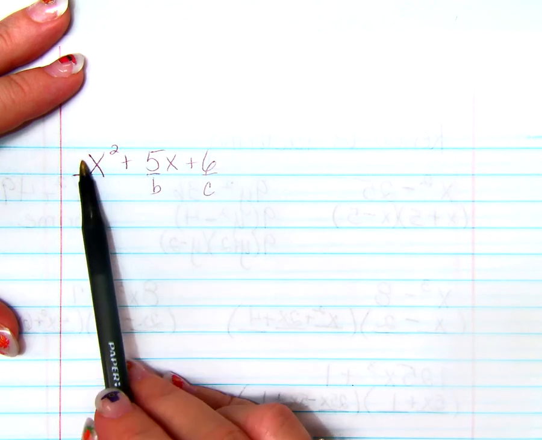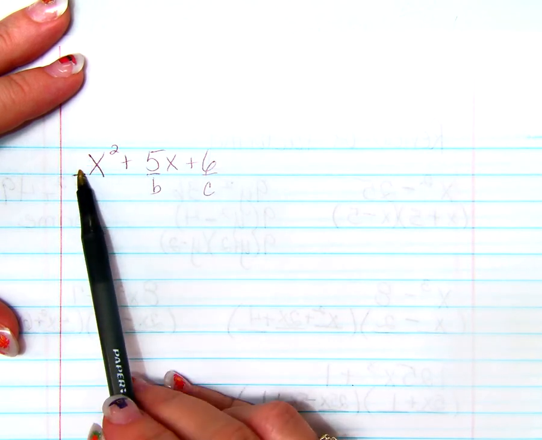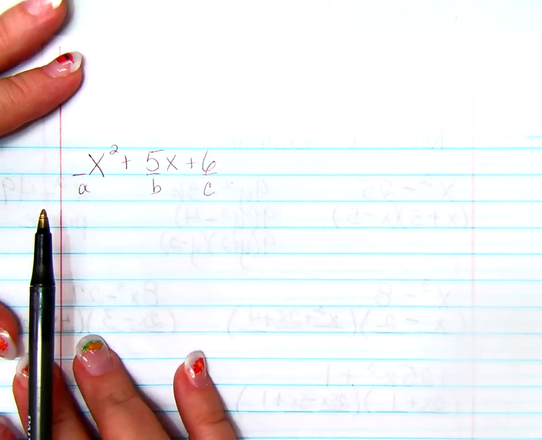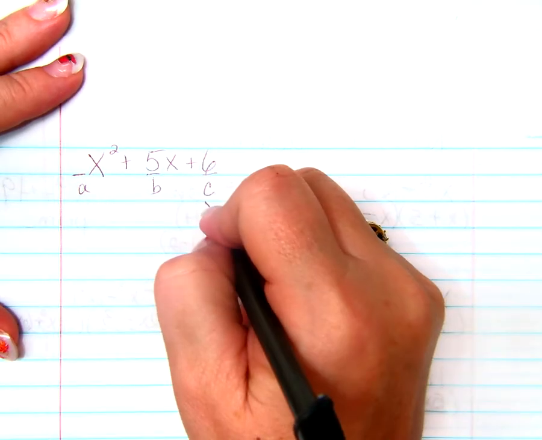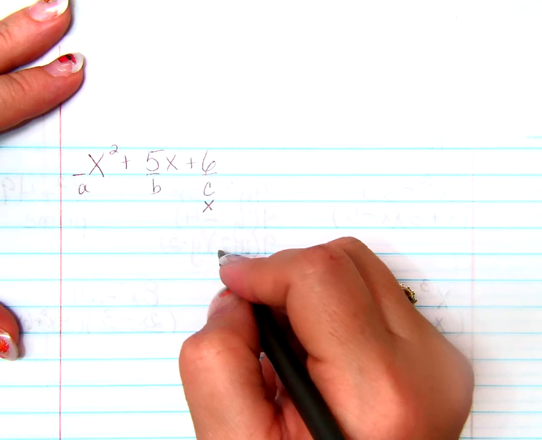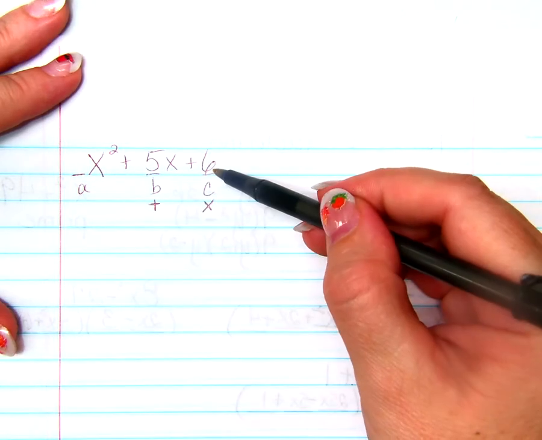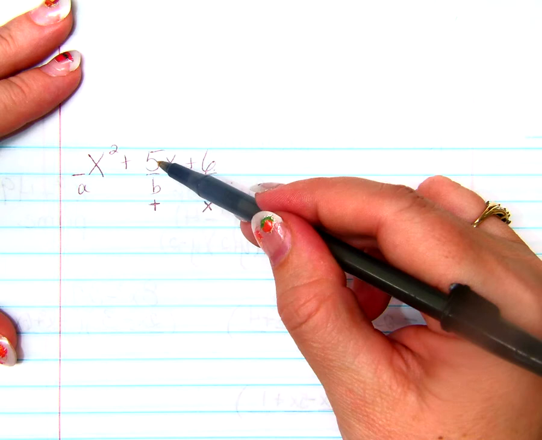So a in this case is 1. My leading coefficient is 1. And this is the way we're going to do things with leading coefficients of 1. We're going to say what multiplies to be c, and what adds to be b. Or in this problem, what multiplies to be 6 and adds to be 5.